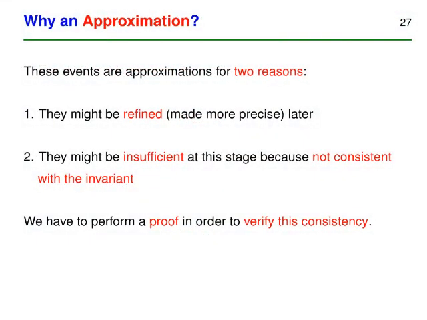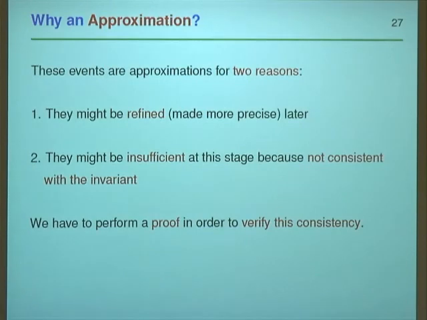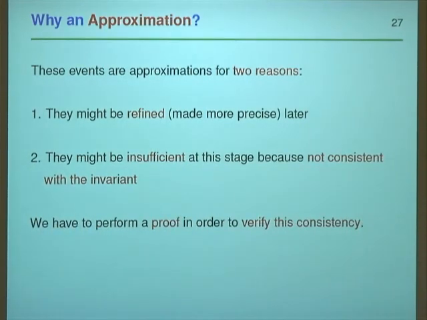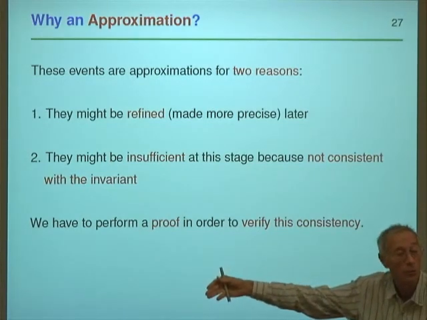Oh, I said here, this is an approximation. Why is it an approximation? This might be refined later, so be richer. And it could be wrong also. That might be insufficient at this stage because not consistent with the invariant. Because we have defined the invariant, n smaller than or equal to d.